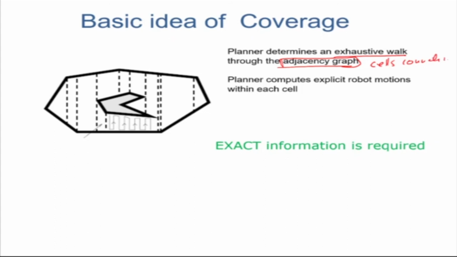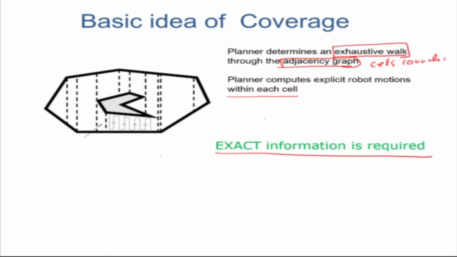The planner computes explicit robot motions within each cell, and in this case, exact information is required. For example, this is my workspace and this is my obstacle. I want to clean the full area, or cover all the area, or perform what is called an exhaustive walk. That means I want to go everywhere in this cell.